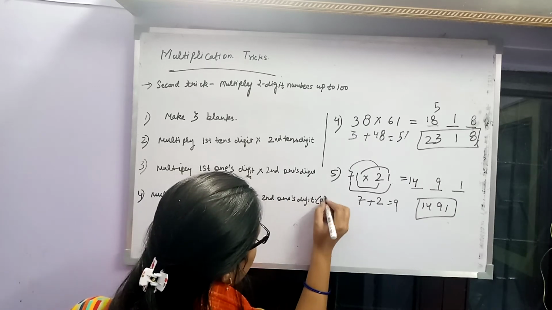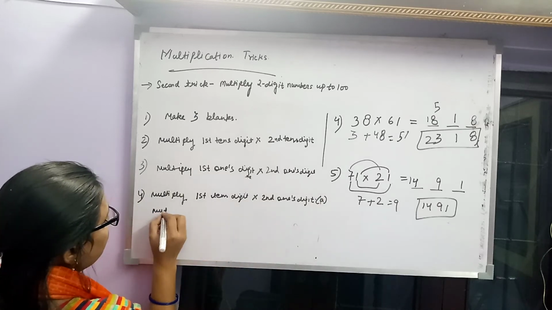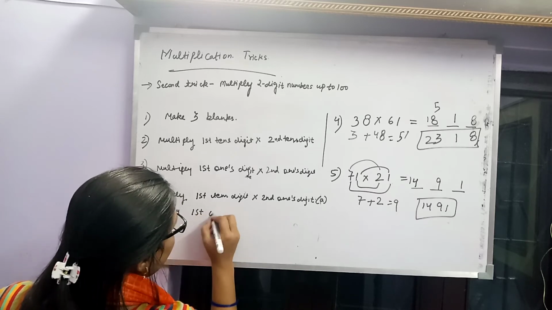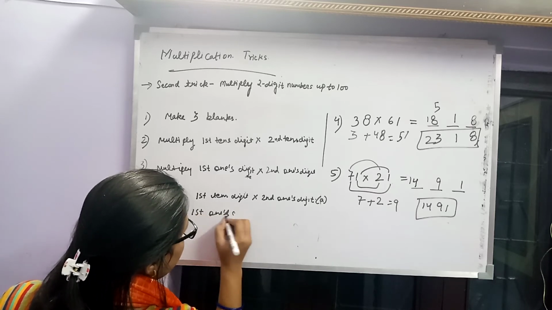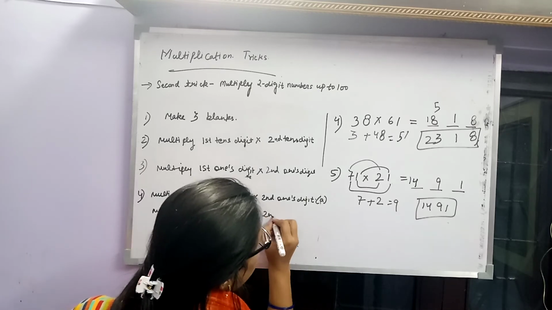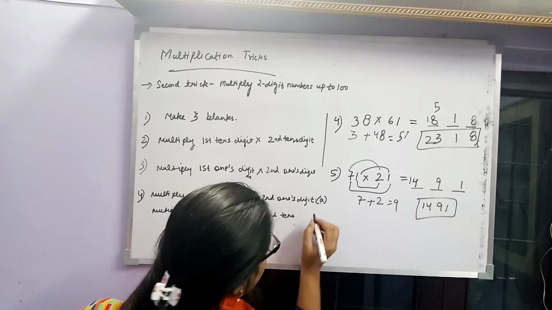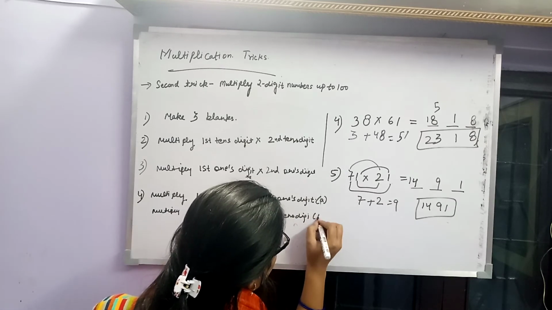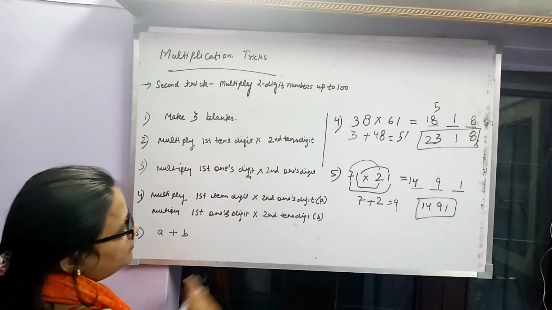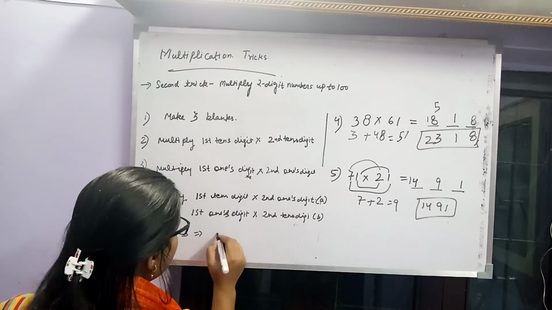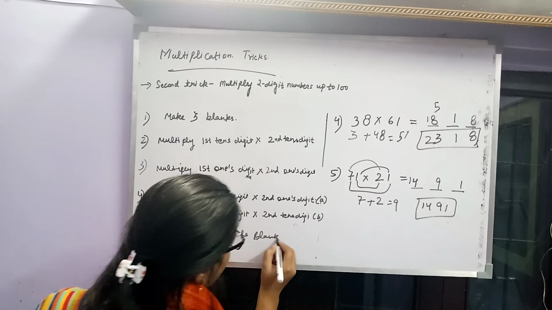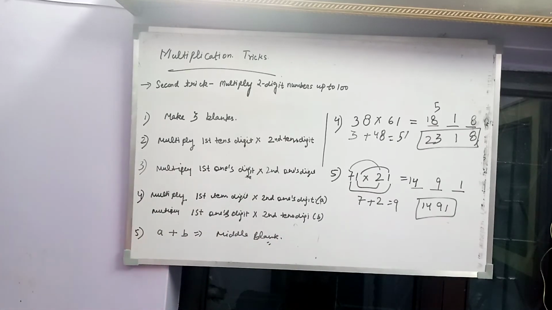We can write it as B. And then we will multiply the first ones digit with the second tens digit. We will write it as A. Now we add A plus B and write it in the middle blank. So this is how we do these types of questions.